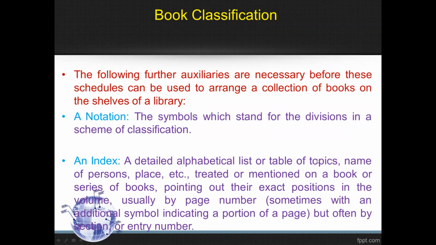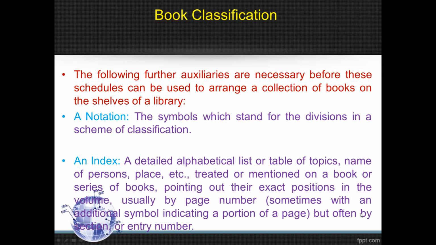In book classification also, we arrange a collection of books on the shelves of a library. That concept will be there, and for that we are using notation. Notation is nothing but a symbol which stands for the division in the scheme of classification.